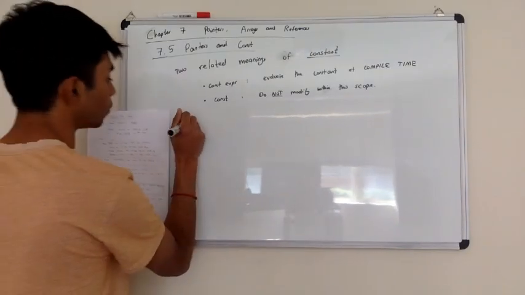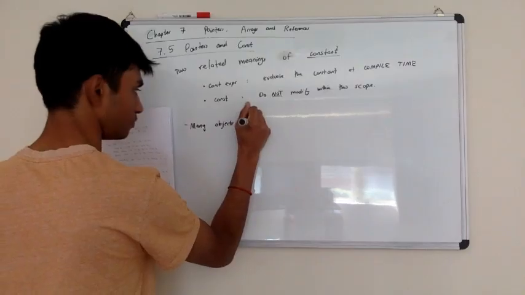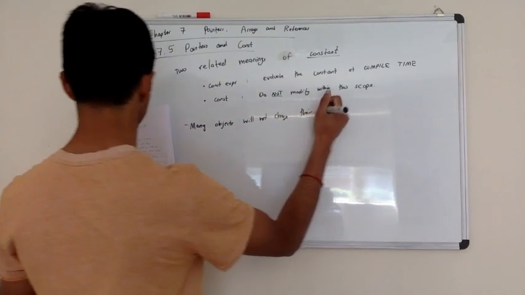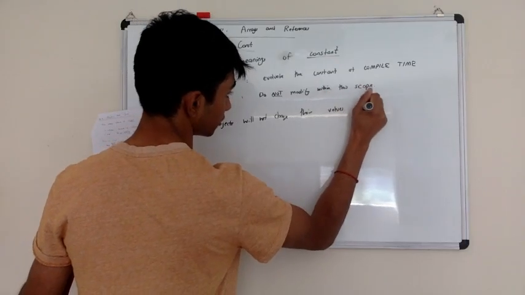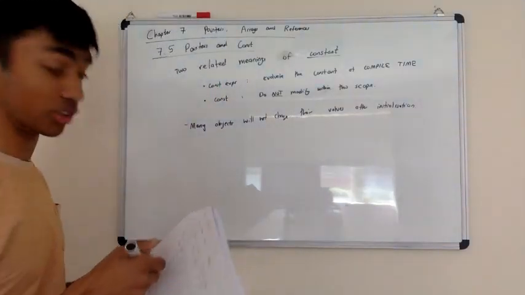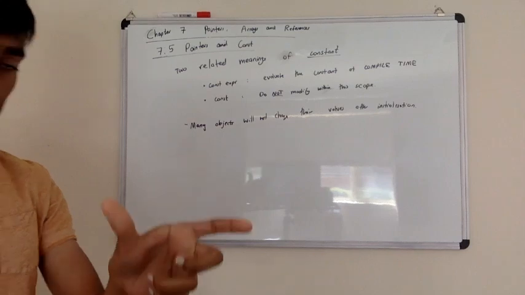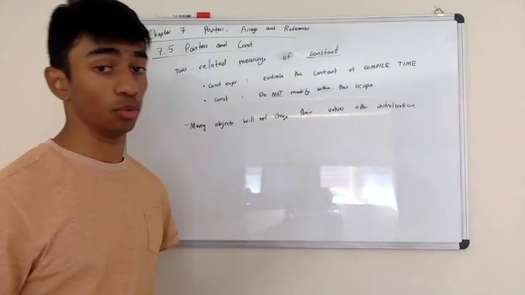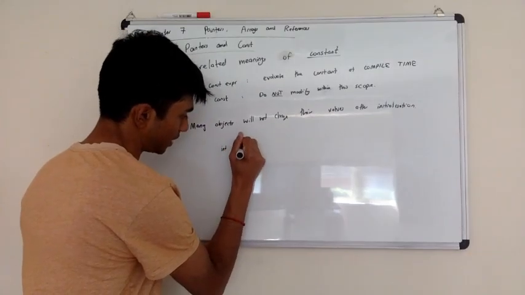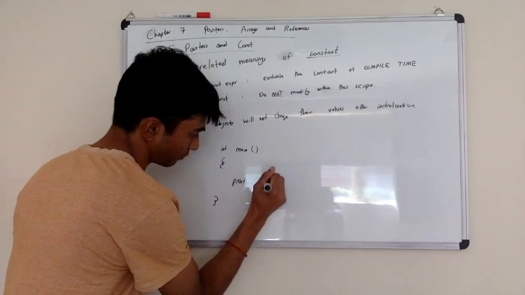So this idea of not being able to modify a value is the purpose of the const keyword. So why is this helpful? Many objects will not change their value after initialization. We talk about strings, the string literals, I should say, one place where we mentioned const. String literals have the type const char array, because you think about something simple like a hello world program, which has int main, and then you print hello world.